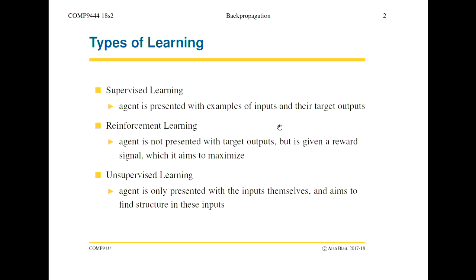So with reinforcement learning, the agent is not presented with actual outputs, but it simply acts in an environment and makes decisions, and then it's given a reward signal. So the reward signal tries to indicate how well it's doing at performing the task.